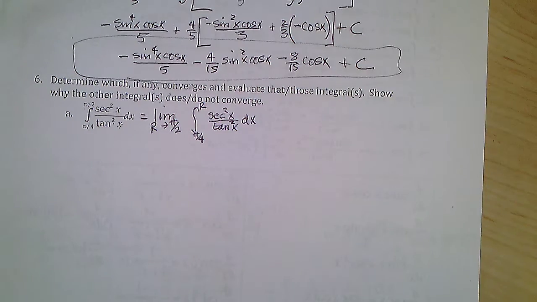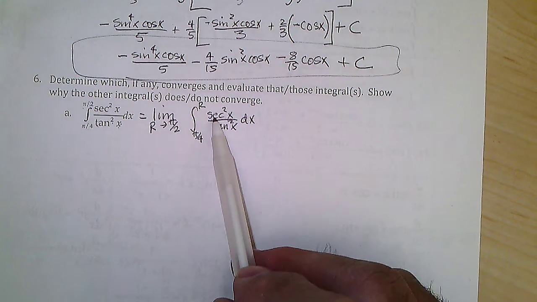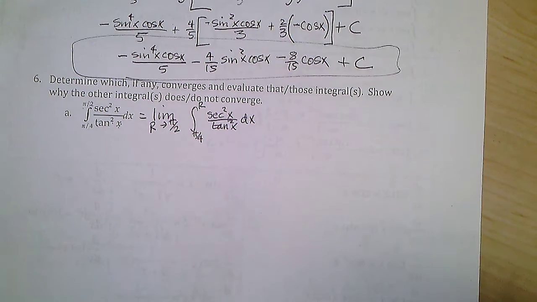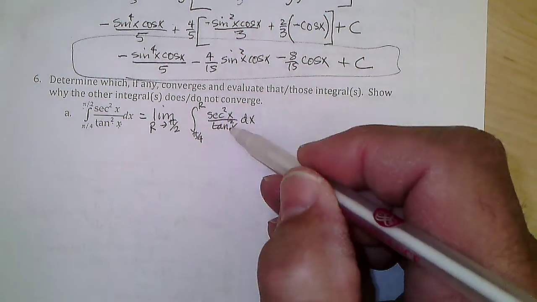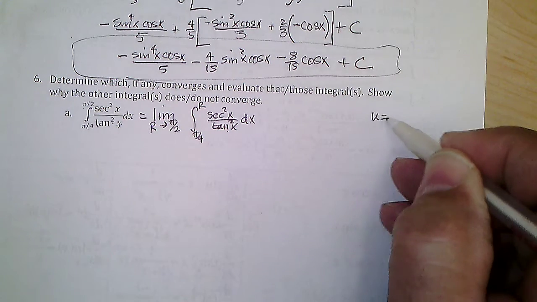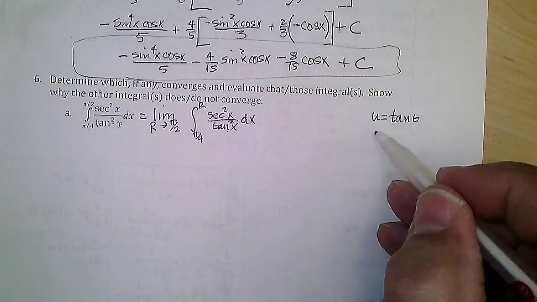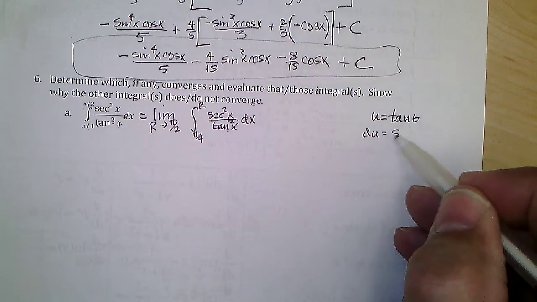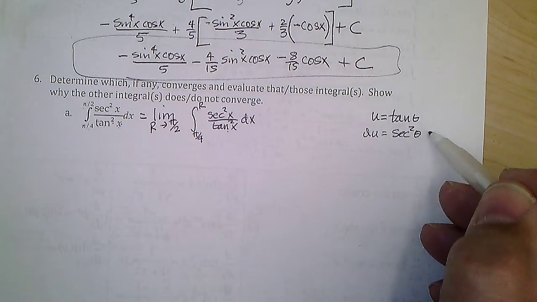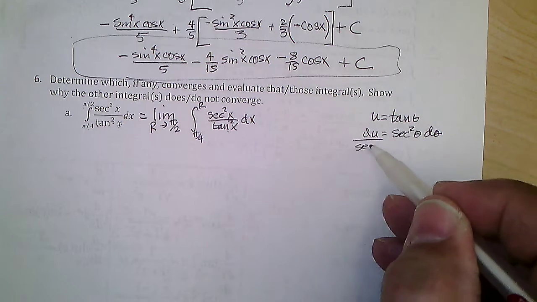And there's several ways to do this. Some people simplified this and got cosecant, and the integral of cosecant is cotangent. That is probably the easiest way. Another way would be let u equal tangent theta. Then du would be secant squared theta d theta.